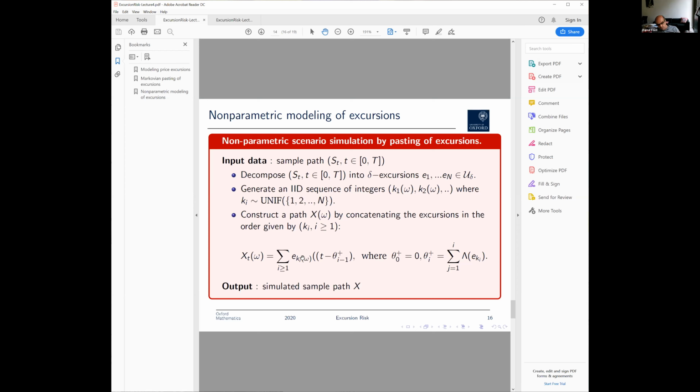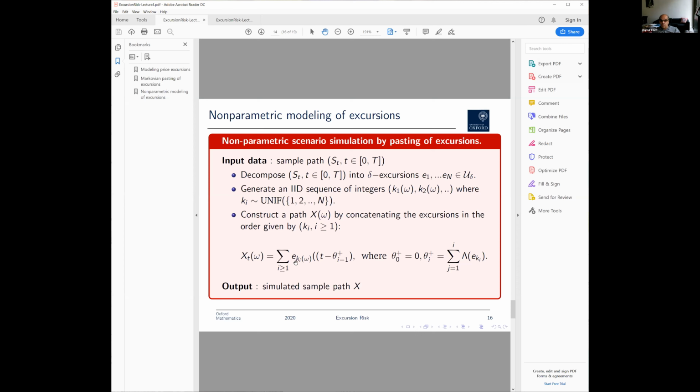So since we saw that in the trading strategies, what we're interested in, the return and the risk, is only sensitive to the distribution of durations and the distribution of amplitudes, by construction, this method will give me the correct metrics for the risk and return of these strategies. Because the risk and return of strategies is a sum over quantities that depend on one delta excursion and one delta excursion only, and they involve the height and the duration of this delta excursion.